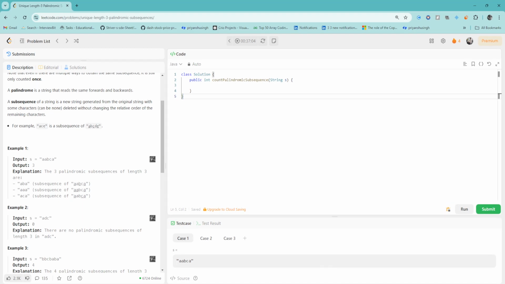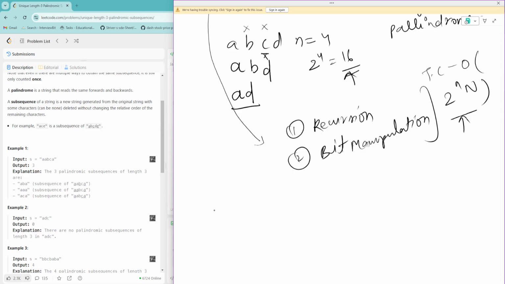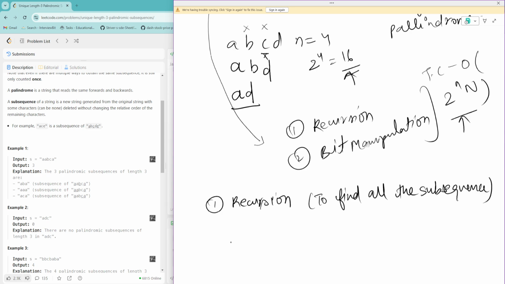What is our brute force approach? We would be using recursion to find all the subsequences.